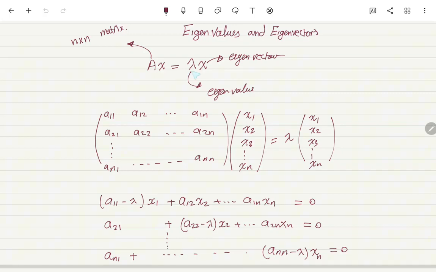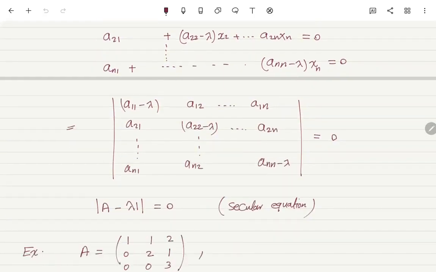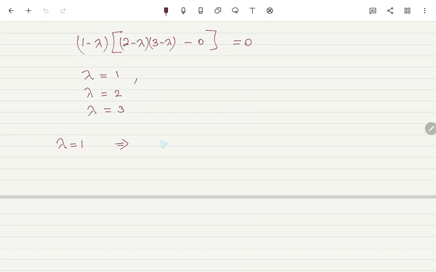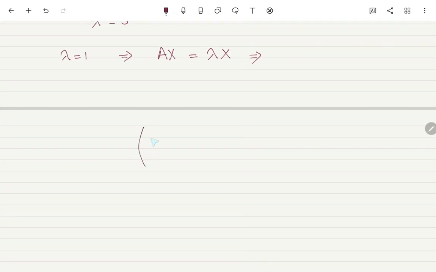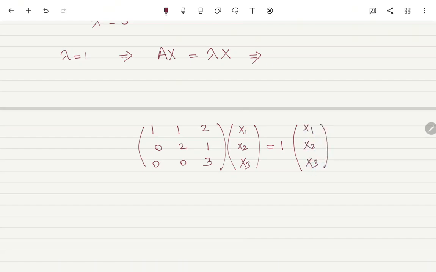In this case, remember the rule: Ax equal to lambda x. Therefore, A is 1, 1, 2, 0, 2, 1, 0, 0, 3, and x will be x1, x2, x3, all equal to lambda, in this case just 1, times x1, x2, x3.